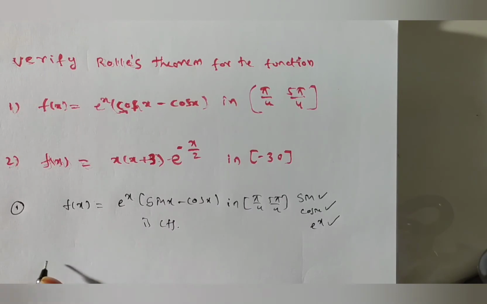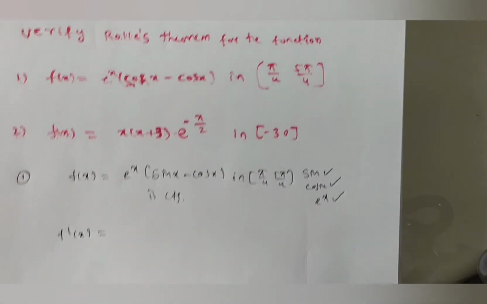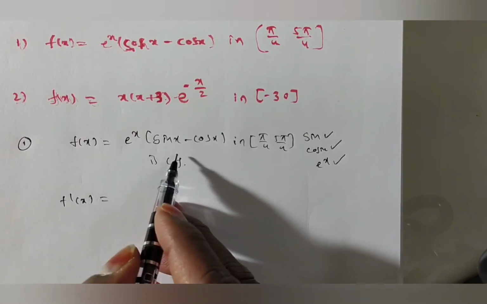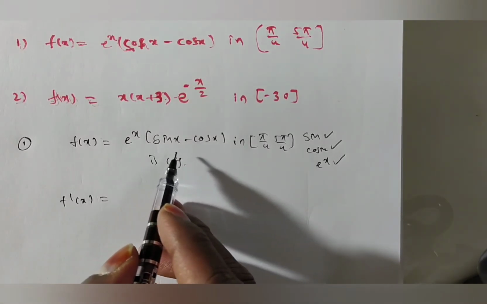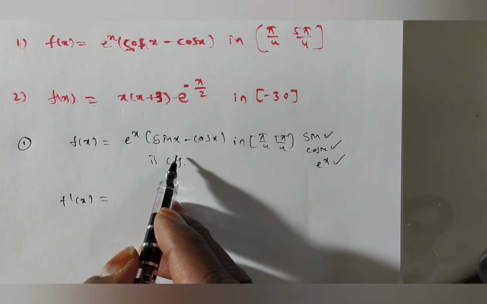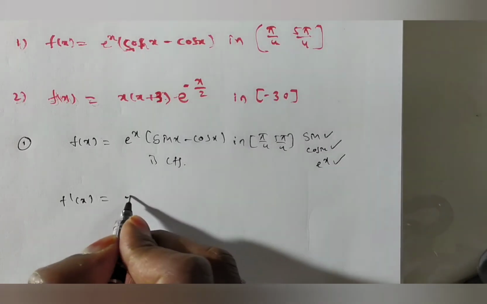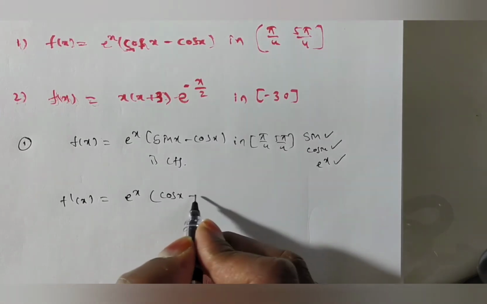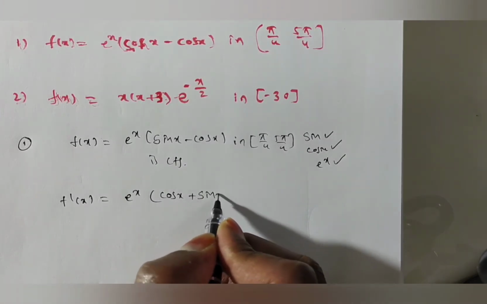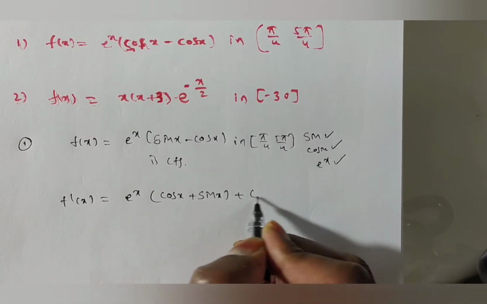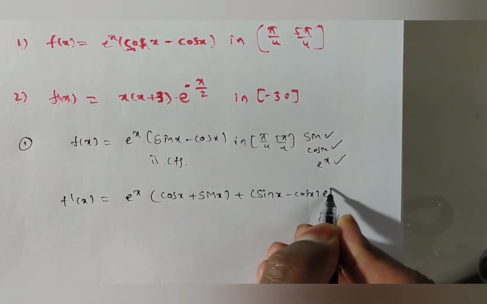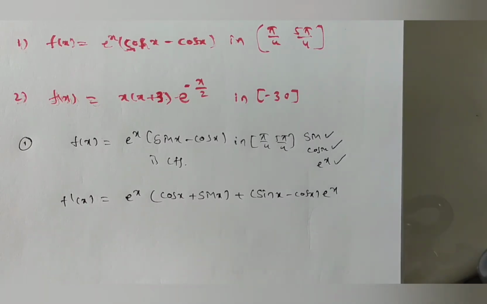Okay, next, the second one is f dash of x. We have to verify the differentiation, f dash of x. Now product of two functions, uv rule: uv whole dash is equal to u dash into v plus v dash into u. First term into second term derivative, sine derivative is cos x, minus cos derivative is minus sin x. First term into second term derivative plus second term into first term derivative, e to the power of x.